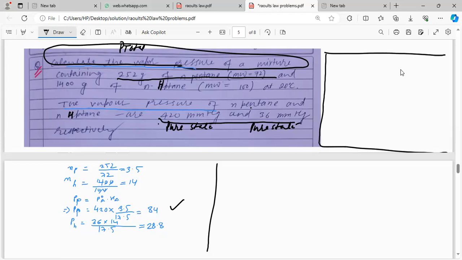Now what to do for the total pressure? Total pressure is 84 and 28.2, so 112.8 is coming.